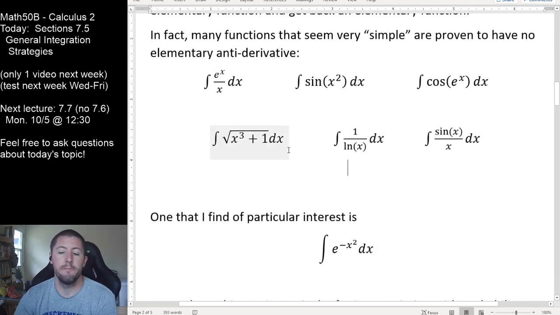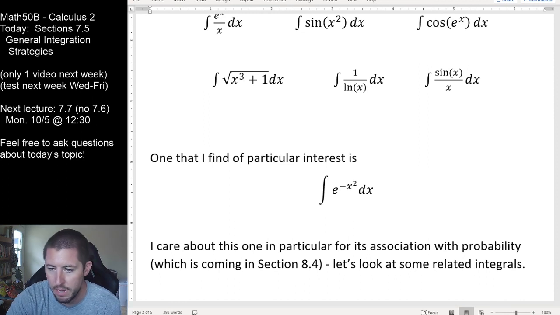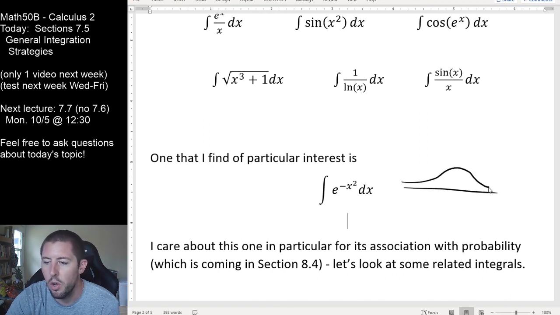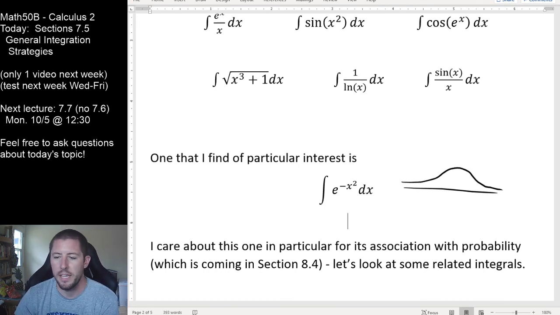One that I find of particular interest, I've already brought this one up more than once this semester, is this integral of e to the negative x squared dx. The reason why I find this one in particular interesting is because of its association with probability. I know I've already mentioned this multiple times this semester, but this is the essential core function that is the probability distribution function associated with the normal distribution. So the bell-shaped curve that is associated with all of the most important probability computations ever done is actually defined by a function for which we cannot compute the integral.